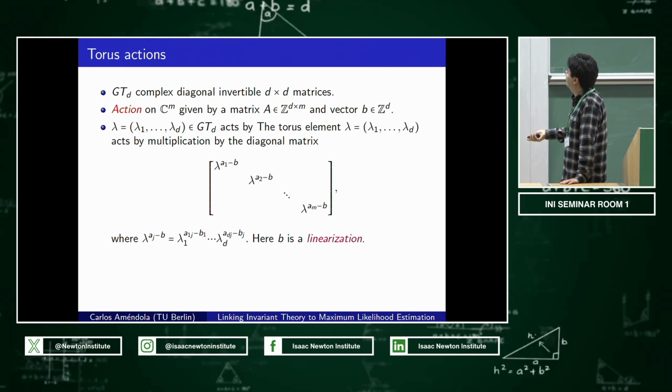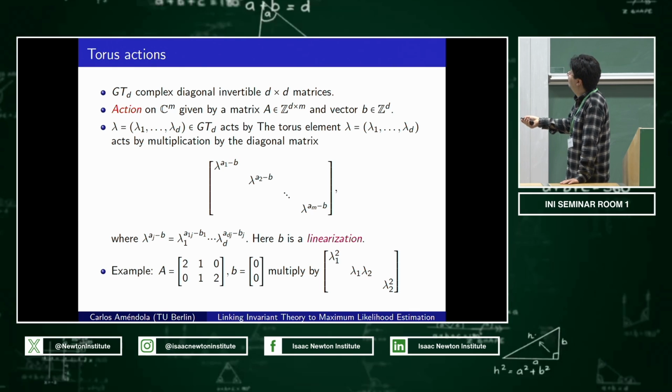If you're not familiar with it, I have an example here. Let's say this is the matrix A, and let's say B equals 0. What you're doing, this action, is really just multiplying. Here you can see lambda 1 squared because this is 2, 0. When you have 1, 1, you have lambda 1 times lambda 2. And when you have 0, 2, then you get lambda 2 squared.